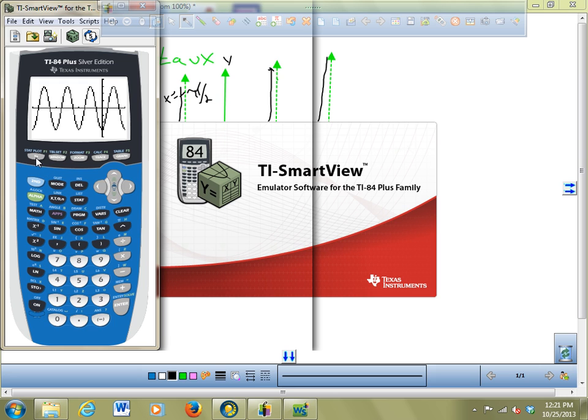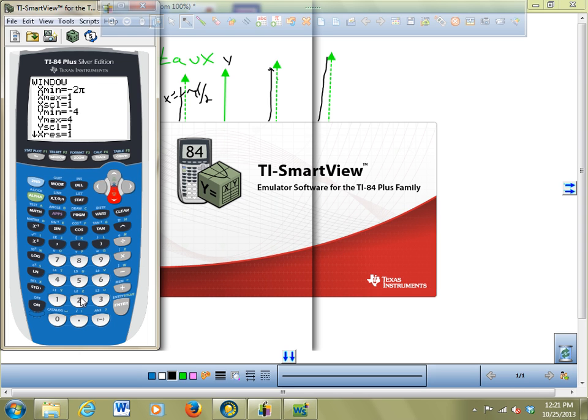I'm going to do y equals, clear, tan of x, and I am going to set my window to go from, let's do a couple cycles, negative 2 pi to positive 2 pi.